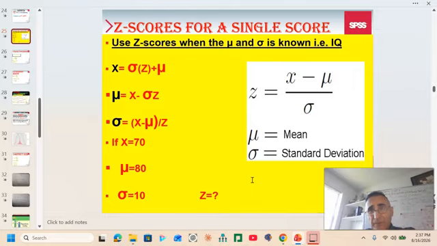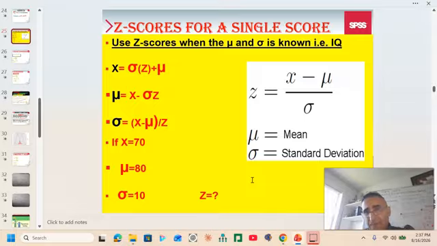This is not for the research. This is for a single score, just one. It is for research, but not for a group of people, not using a sample, just a single, one person. Your score is 130, and you don't know what that means. So I will put it right there. I want to see Z tell me where you stand.